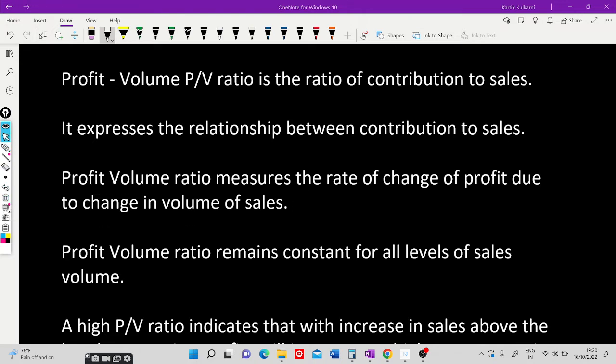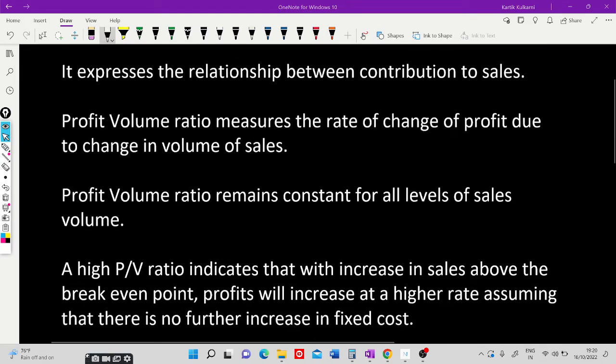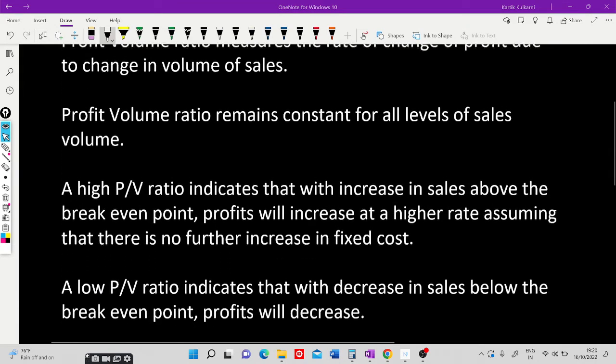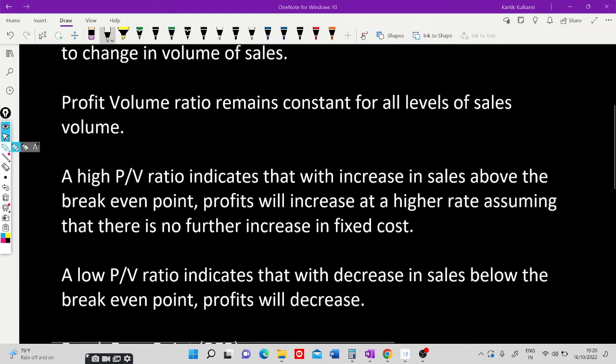If the PV ratio is high, it indicates that with increase in sales above break-even point, profit will increase at higher rate.